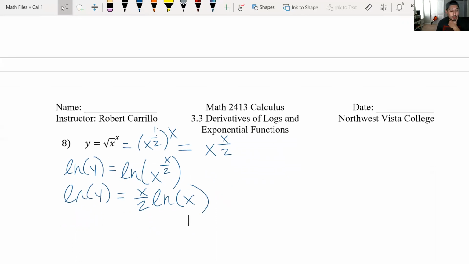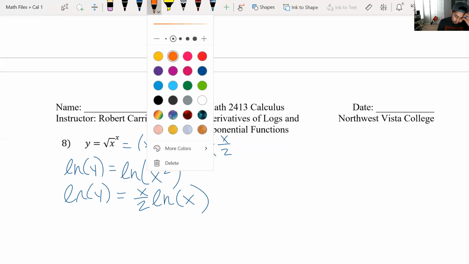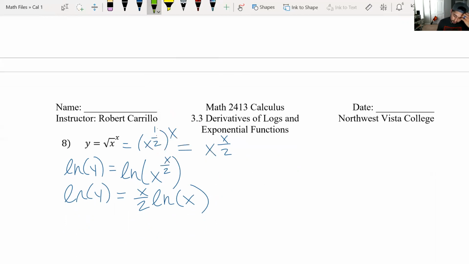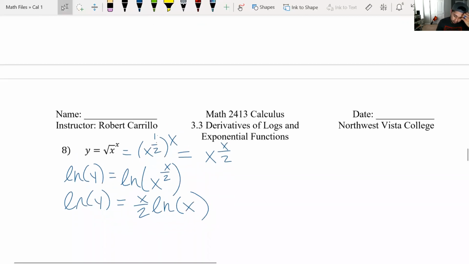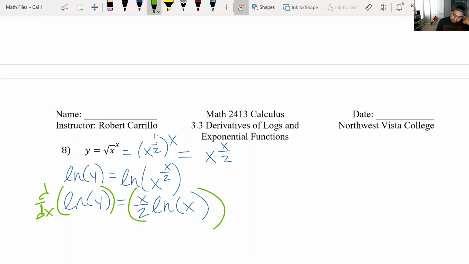Okay, we are now ready for the derivative. So d over dx of this and d over dx of that.